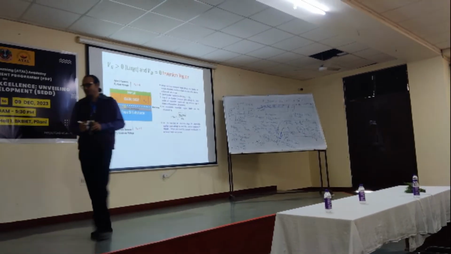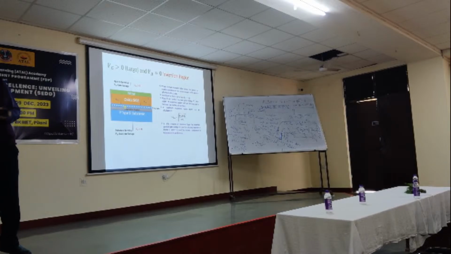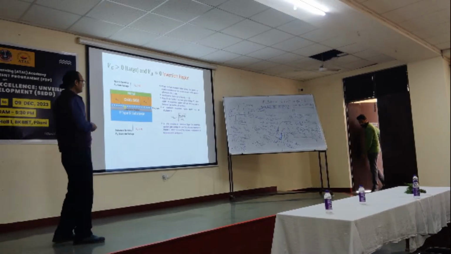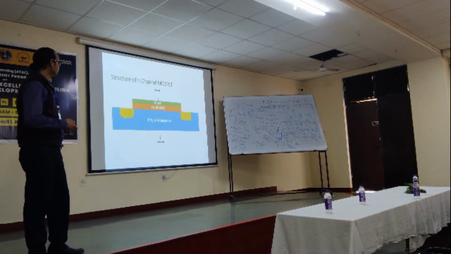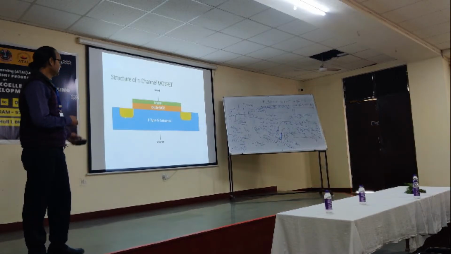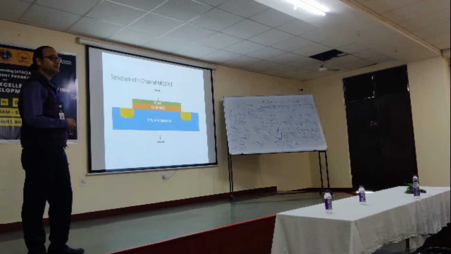Okay, so we have arrived at this structure. This is called MOSFET, metal oxide semiconductor field effect transistor. So far we discussed only two terminals, and we have third and fourth also.